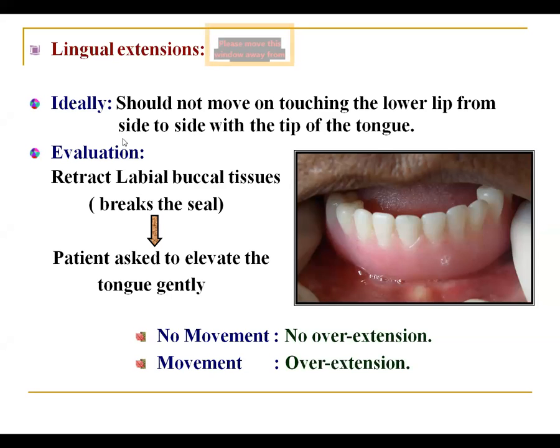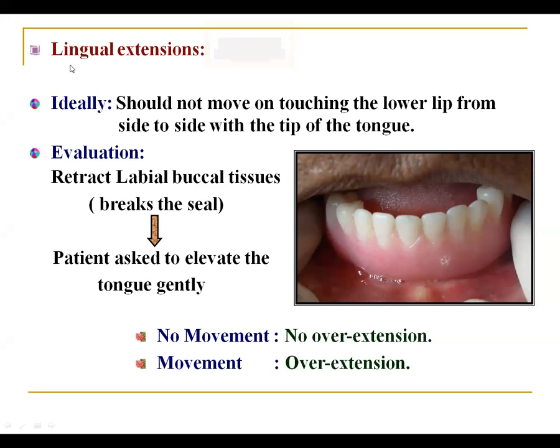So how are we going to evaluate this? Just retract the labial and buccal tissues and break the seal. With the help of your index finger, we just break the lower lip seal and ask the patient to elevate the tongue gently. What are we checking here?